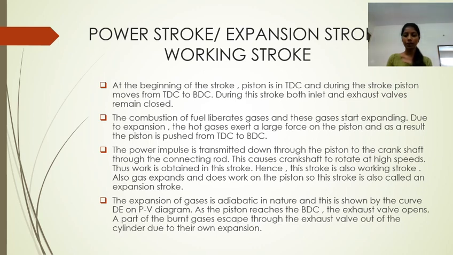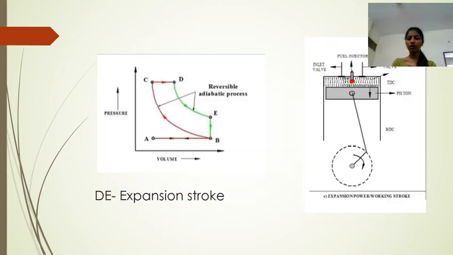As the piston reaches the BDC, the exhaust valve opens. A part of the burnt gases escapes through the exhaust valve out of the cylinder due to their own expansion. This is how the expansion stroke works, and the graph is plotted between volume and pressure. In this graph, DE is known as the expansion stroke.